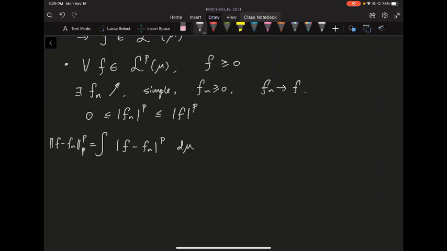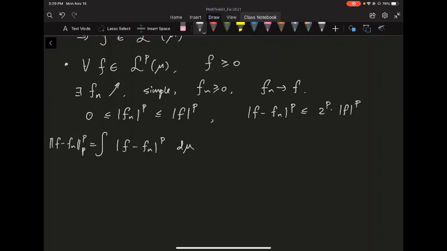First of all, you know it pointwise converges to 0, and we can use dominated convergence, so let's find the dominating function. We have f minus fn raised to the power p is bounded above by 2 to the p times the absolute value of f to the power p, because you first use the triangle inequality, that's less than or equal to the absolute value of f plus the absolute value of fn, and then you use that the absolute value of fn is less than or equal to f.